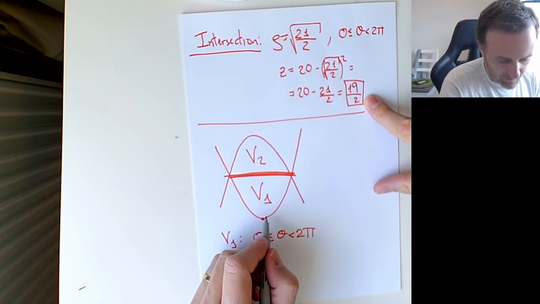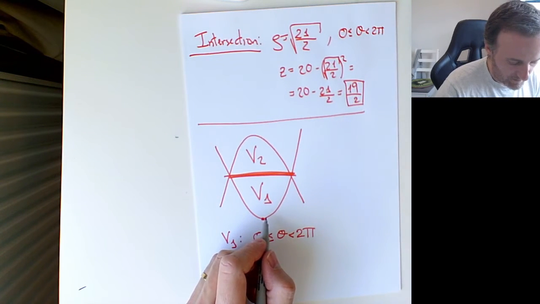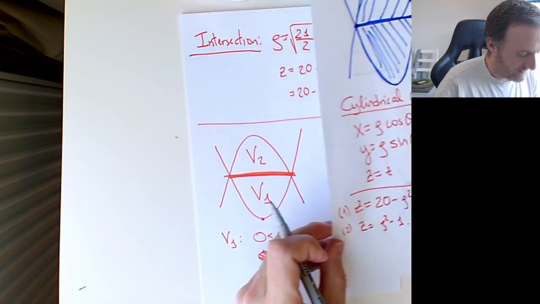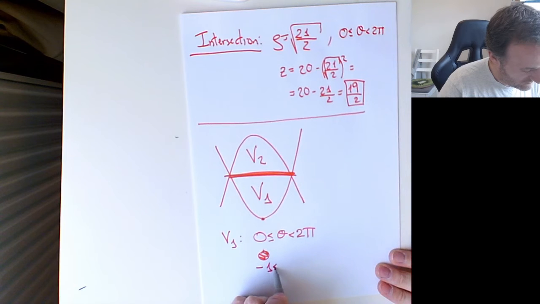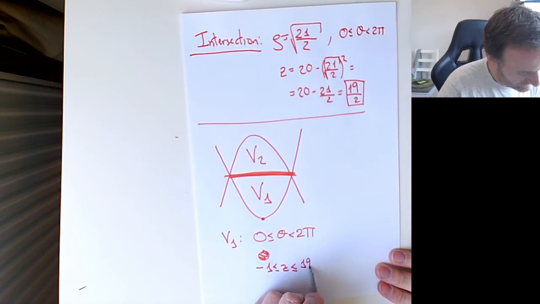And the tip is minus 1. So z goes from minus 1 to 19 halves.